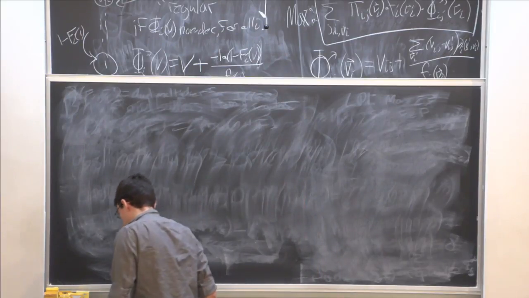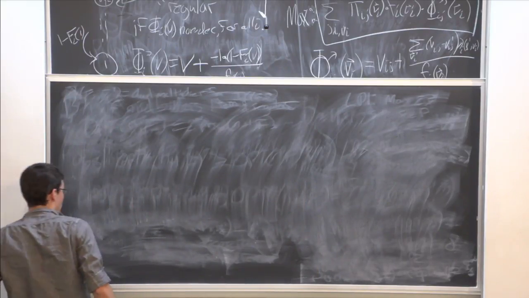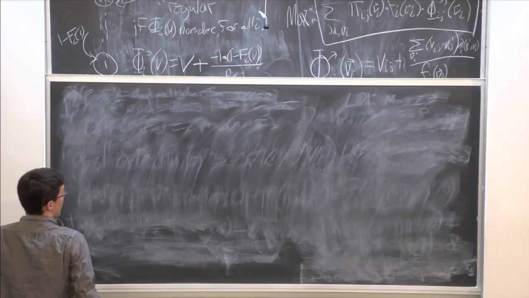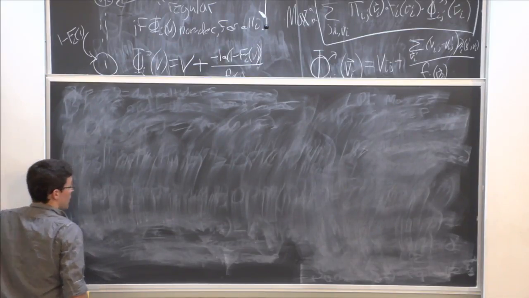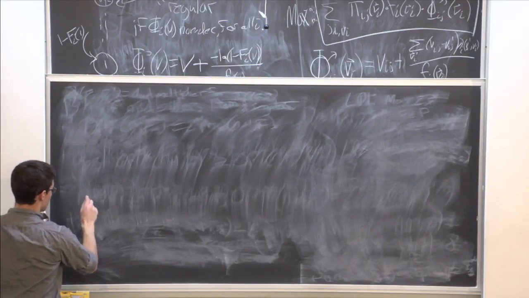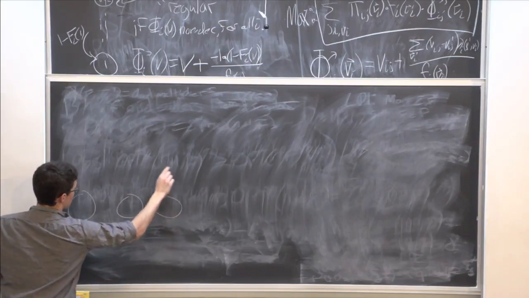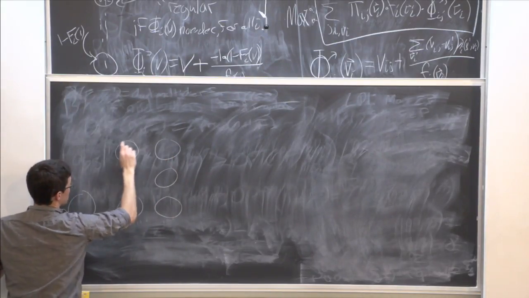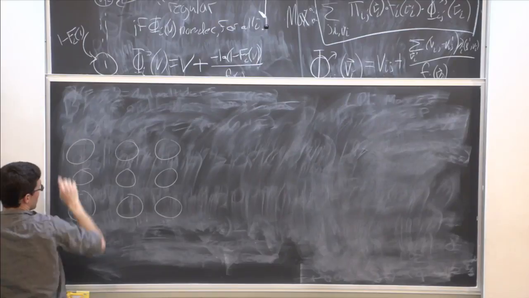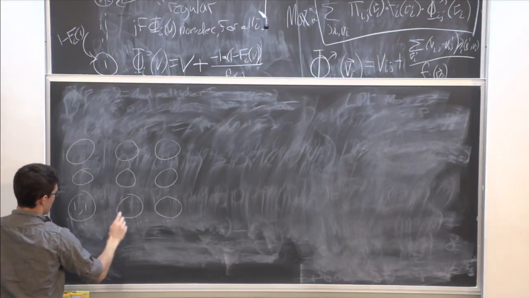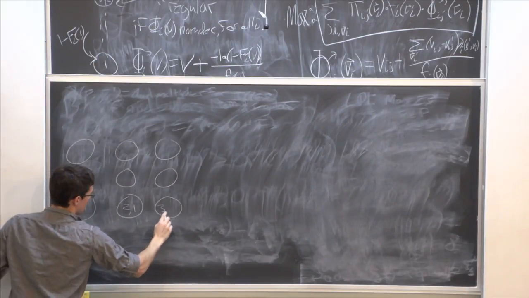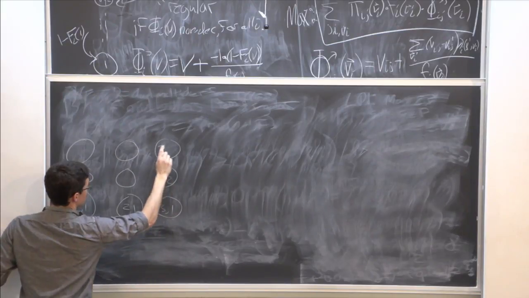Okay, and what I want to do is define a flow. It's going to be easier to do in a picture. Okay, so this is 1, 1, 2, 1, 3, 1, 3, 2.